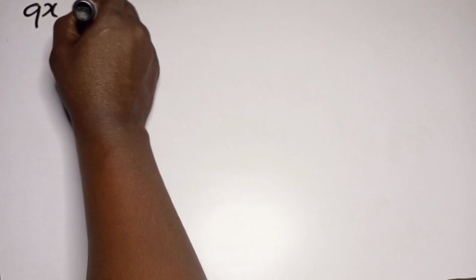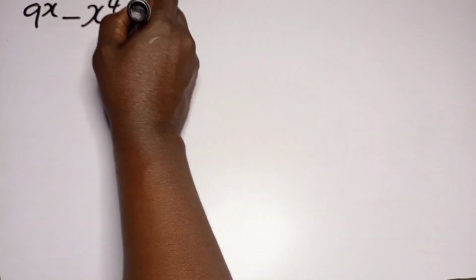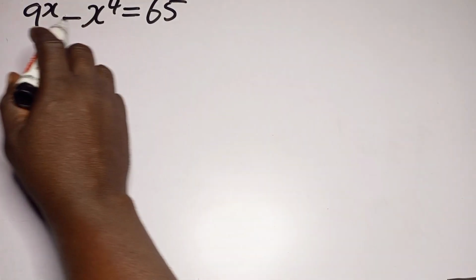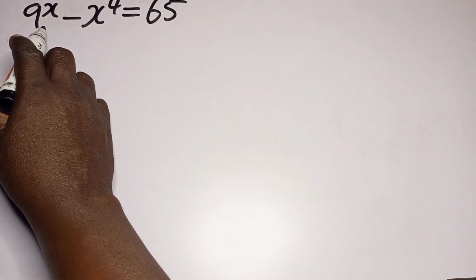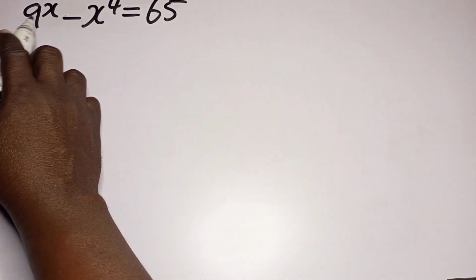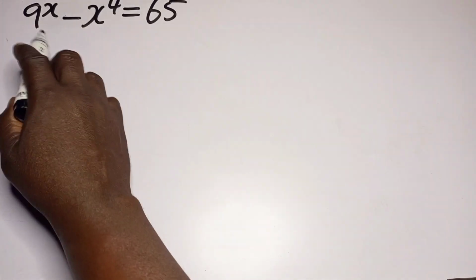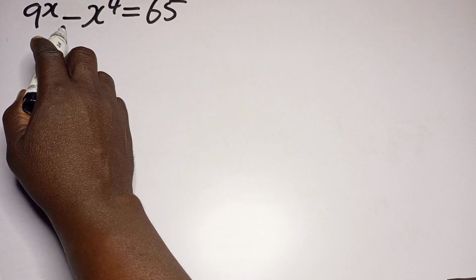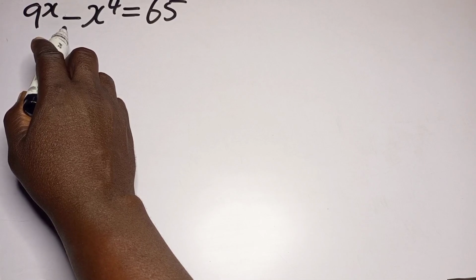9 to the x minus x to the power 4 is equal to 65. Now, if we look at it carefully, we'll see that the left-hand side can actually be expressed as a difference of two squares.